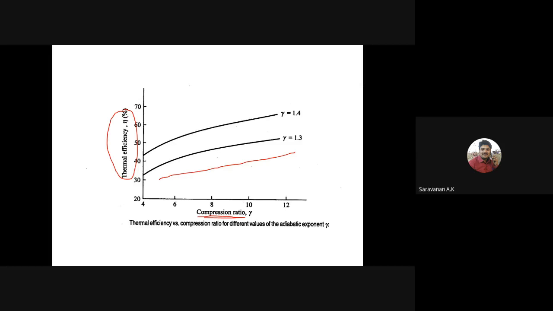The second is the adiabatic exponent: as the adiabatic exponent gamma increases, for example 1.2, 1.3, 1.4, 1.5, the efficiency also increases. We have to remember these two.